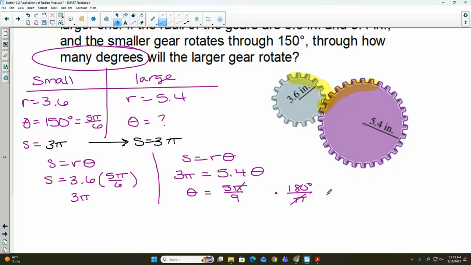Pi's drop, and we get 100 degrees. That one was a little bit more involved, but still just using our same formula a couple times. Any questions there?